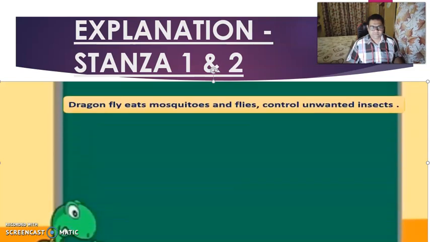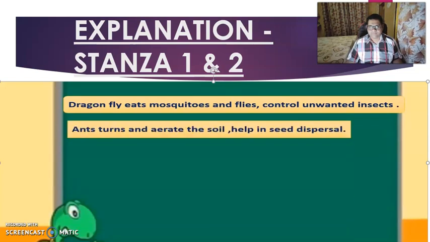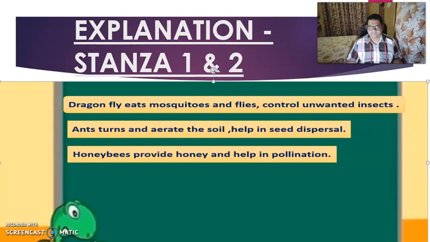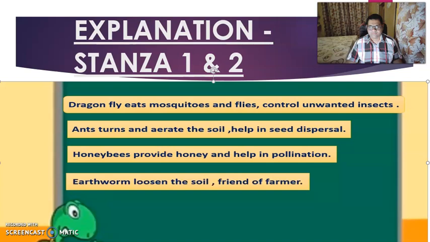Dragonfly eats mosquitoes and flies and thus controls unwanted insects, making our environment clean. Ants turn and aerate the soil and help in seed dispersal. Honeybees provide us honey and help in pollination. Earthworm loosens soil. He is a friend of the farmer.